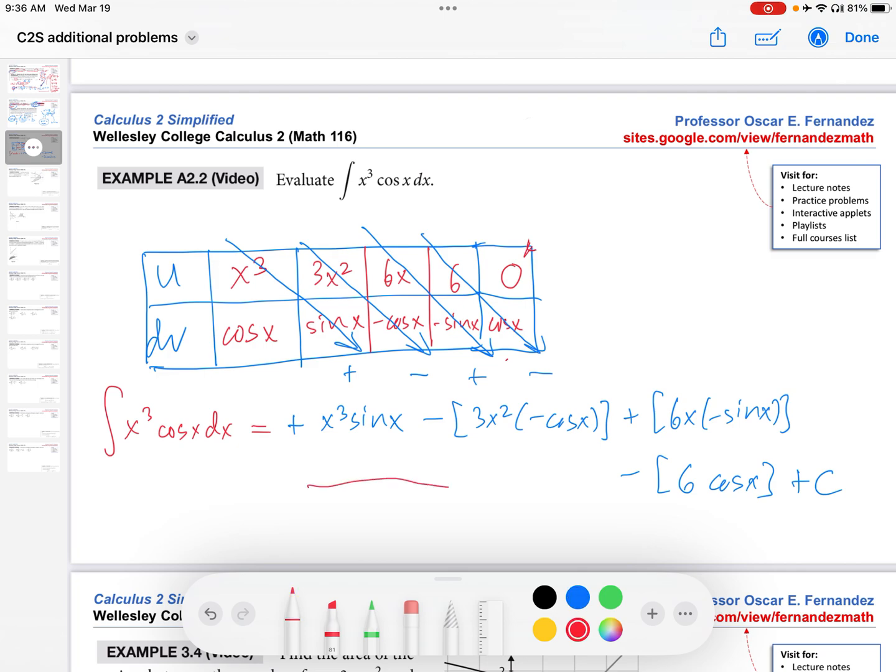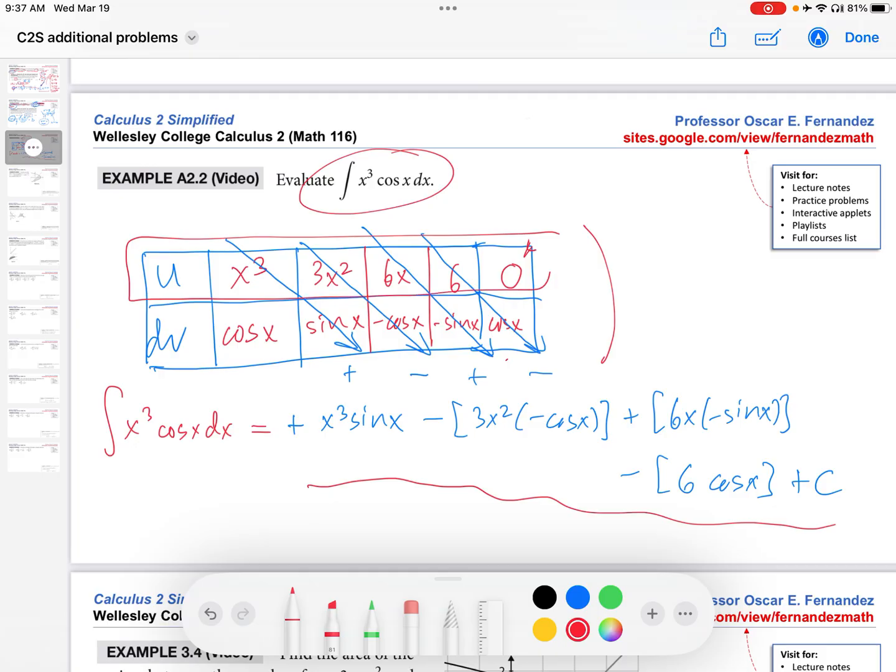The rest of this is just simplification, but you can see that we've avoided doing the uv minus integral of v du in integration by parts. And actually, in this particular integral, we would have had to use integration by parts 2 more times. So the tabular method saves time. To review again, you set up the table. The first row is the u you chose, and then just differentiate.